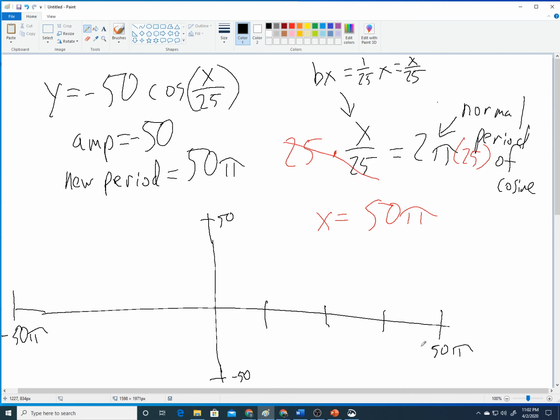So let's see, half of 50 is 25. And then half of 25 is 12.5. Let's see, so that would be 37.5 pi. Do the same thing over here, but they're negative.